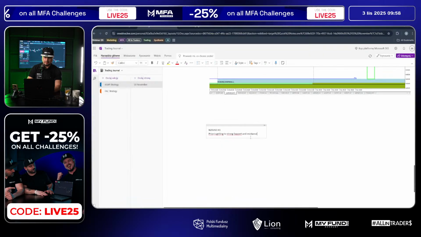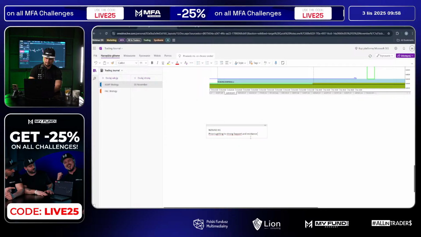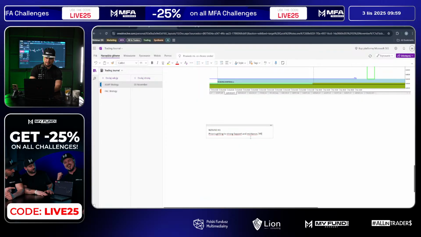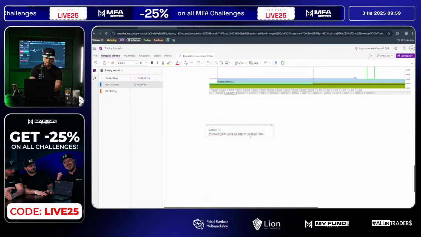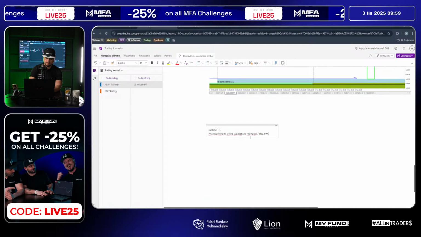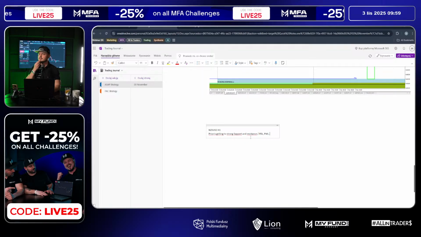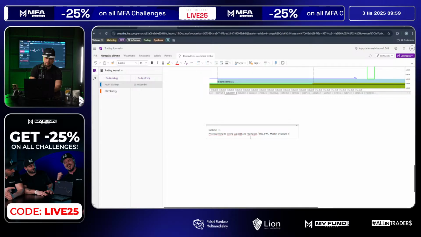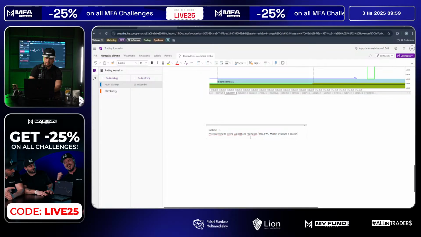Strong support resistance. Previous day low, previous week low. Market structure is bearish.